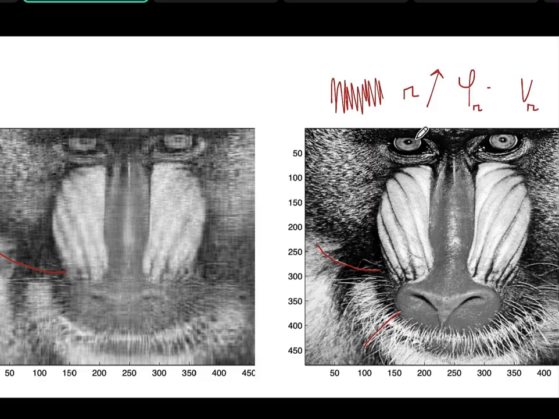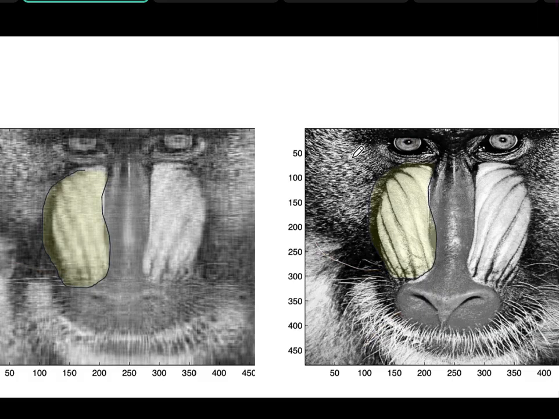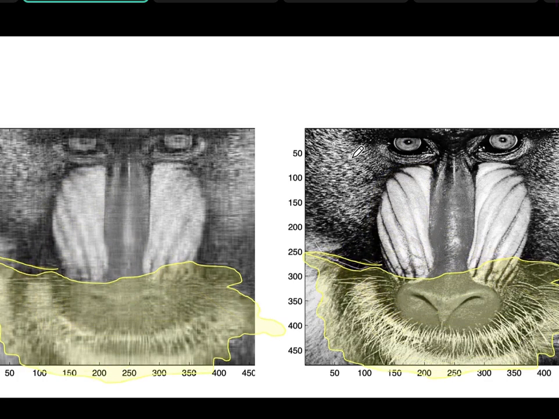You also have small features in the eye, which you don't see at all in the other picture, simply because it is too narrow, and the wavelength is too large, right? So the problem here is really that you don't see anything related to these whiskers, for example.